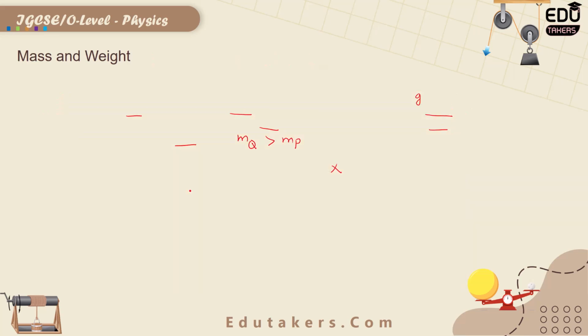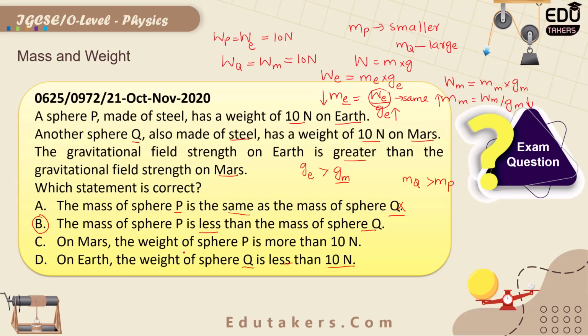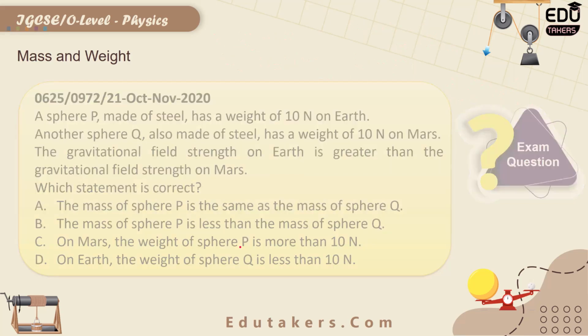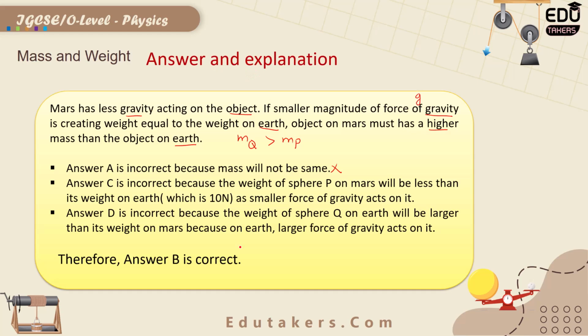Answer C. Let's see answer C. Answer C is that on Mars, the value of the weight for the sphere P is more than 10 Newton. So let's see this. Answer C is incorrect because the weight of the sphere P on Mars will be less than its weight on the Earth.